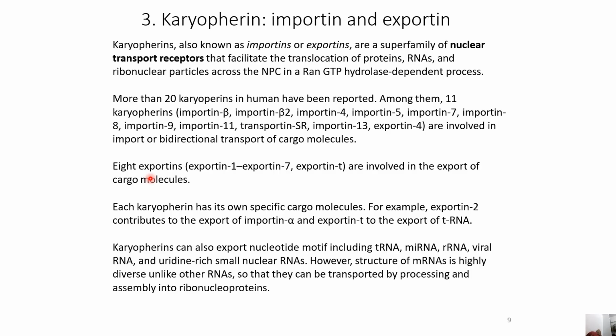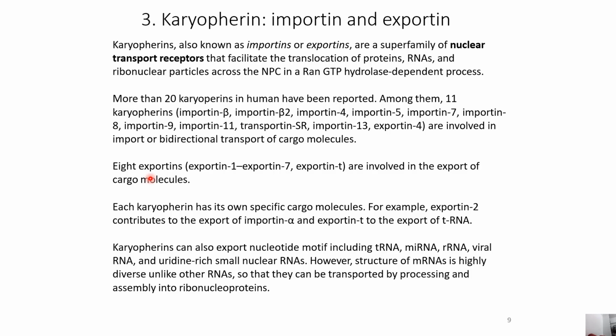Among them, 11 carrier-ferrets, importin beta, importin beta 2, importin 4, importin 5, importin 7, importin 8, importin 9, importin 11, transportin SR, importin 13, and exportin 4, are involved in import or bidirectional transport of cargo molecules. 8 exportins like exportin 1, exportin 7, exportin T are involved in the export of cargo molecules.